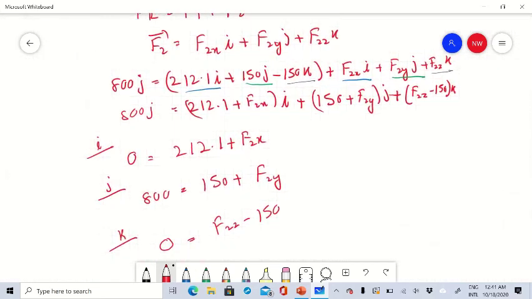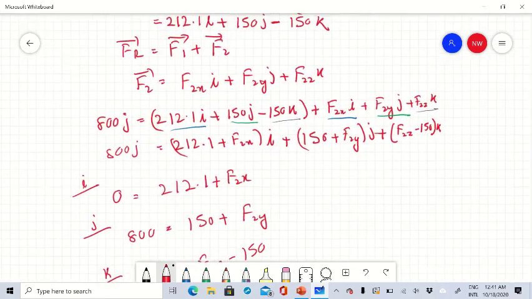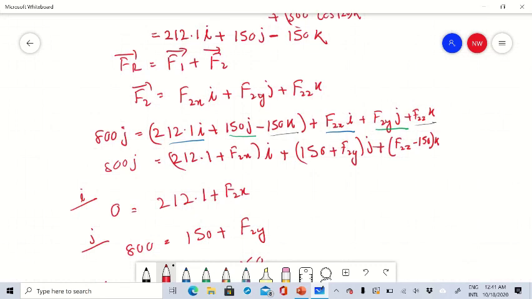We know the resultant force is equal to the vector summation of force F1 and force F2. Our resultant force is in y direction, right? So which means the components in z and x axis are 0, right?